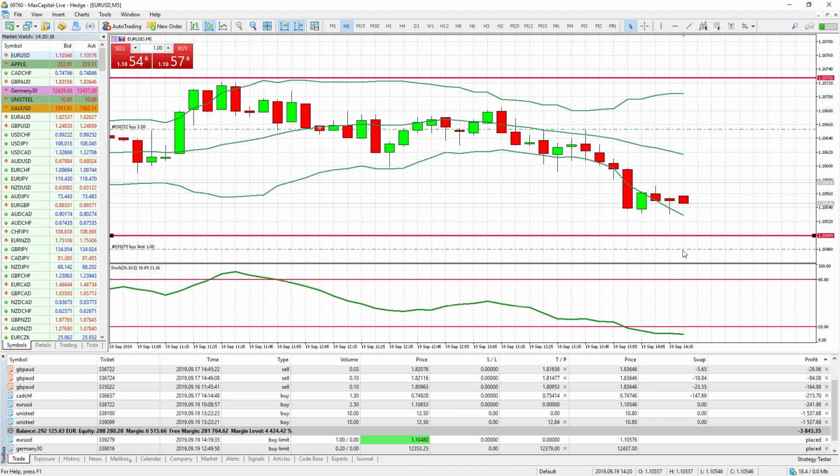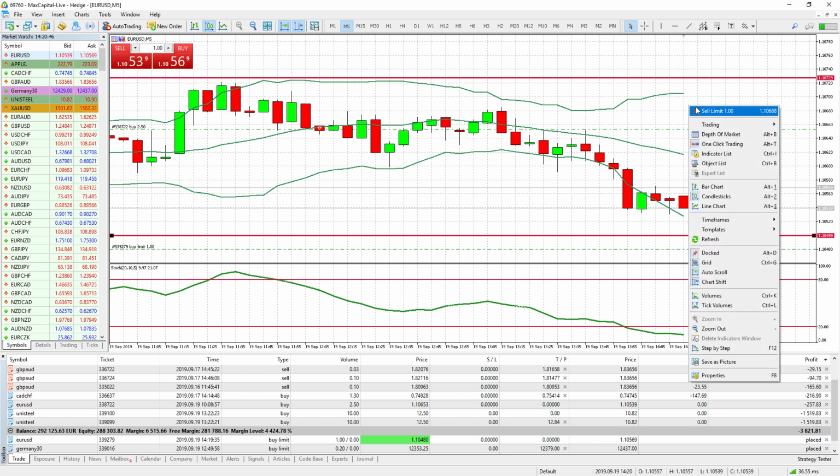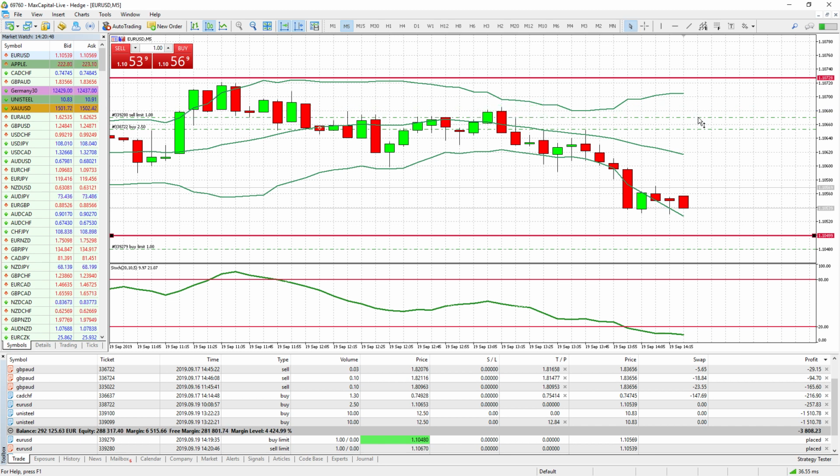Of course, this kind of order is not 100% guaranteed, because if the market is not going to reach that price level, the trade will not be opened. And we have the same kind of opposite situation for the sell limit. So let us put the sell limit, let's say here or here.